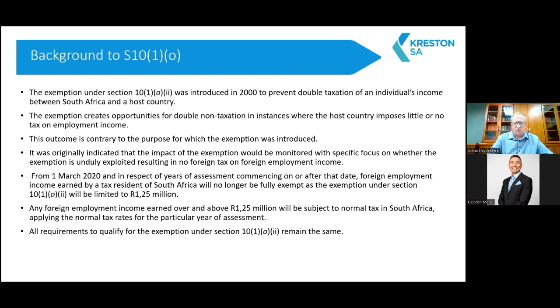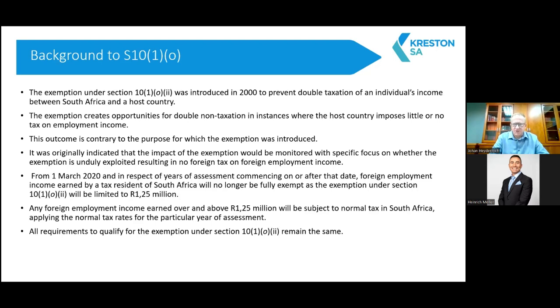But now what they said is that there was a bit of tax arbitrage, especially if you're employed in a country where there's a low tax rate, and then you pay almost no tax. And they do not want that. As a South African resident, they believe you should be paying tax on your worldwide income. And then they'll give you a little bit of a credit, which is the 1.25 million rand. The balance, you need to pay tax on in South Africa, and you can get a credit for the foreign taxes.